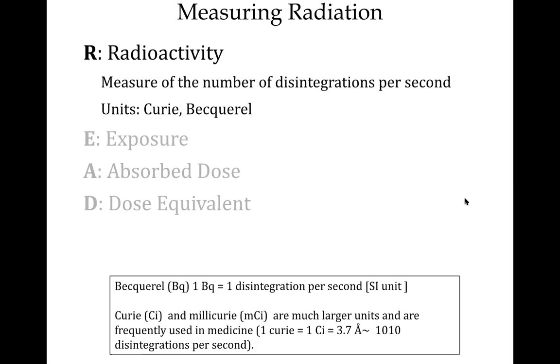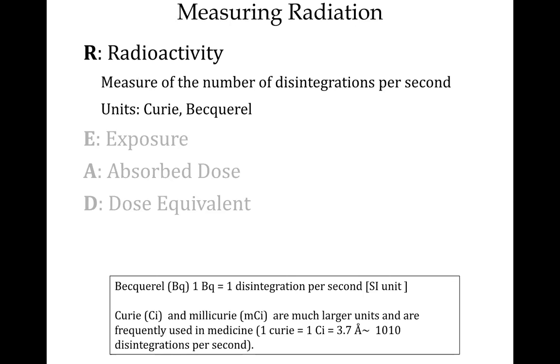So radioactivity itself is measuring the number of disintegrations per second. So measuring how many radioactive decay events have occurred in a given unit of time, in this case, a second. The more disintegrations per second, the higher the exposure is going to be, right? And remember, it's a time and a distance game when you talk about exposure. The units are Curie or Becquerel. Becquerel is the SI unit.